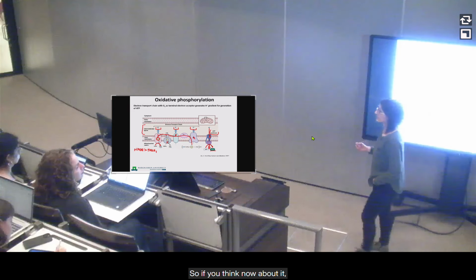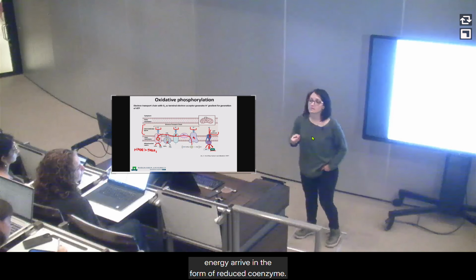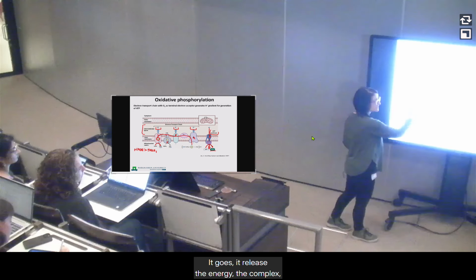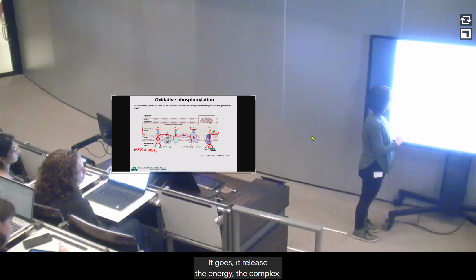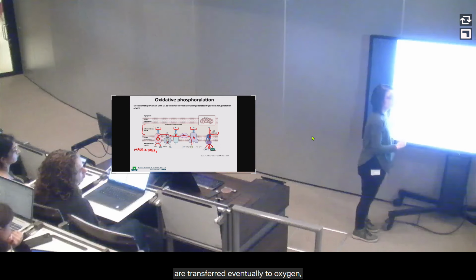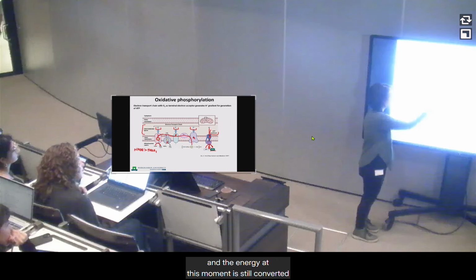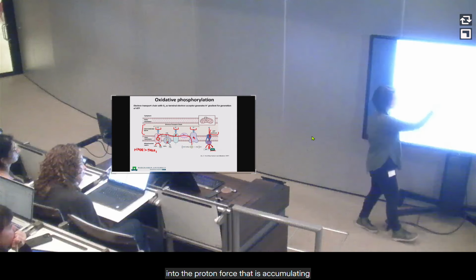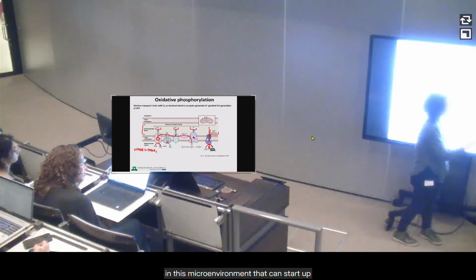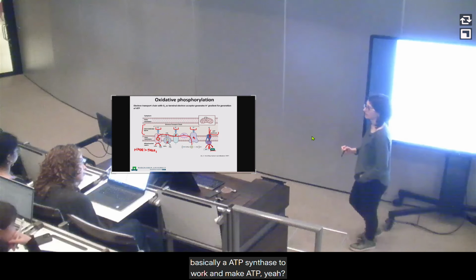So if you think now about it, energy arrives in the form of reduced coenzyme. It releases the energy at the complex, and what happens is that the electrons are transferred eventually to oxygen, and the energy at this moment is still converted into the proton force that is accumulating in this microenvironment that can start up basically ATP synthase to work and make ATP.